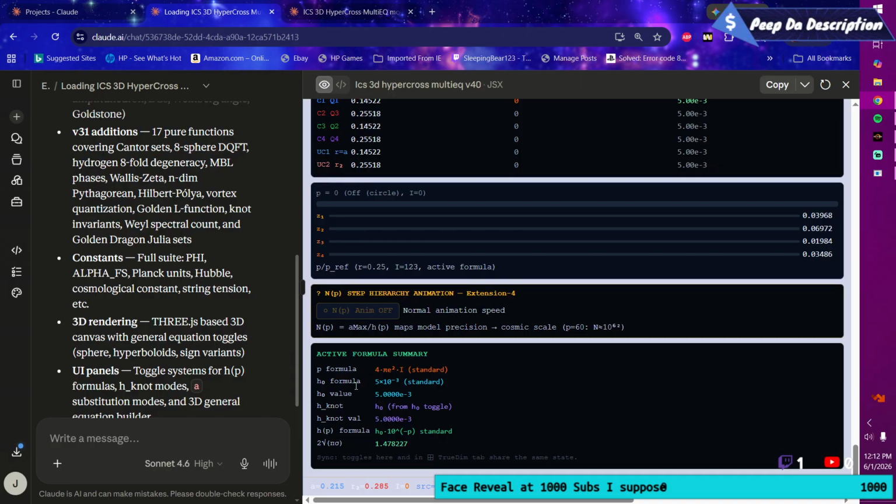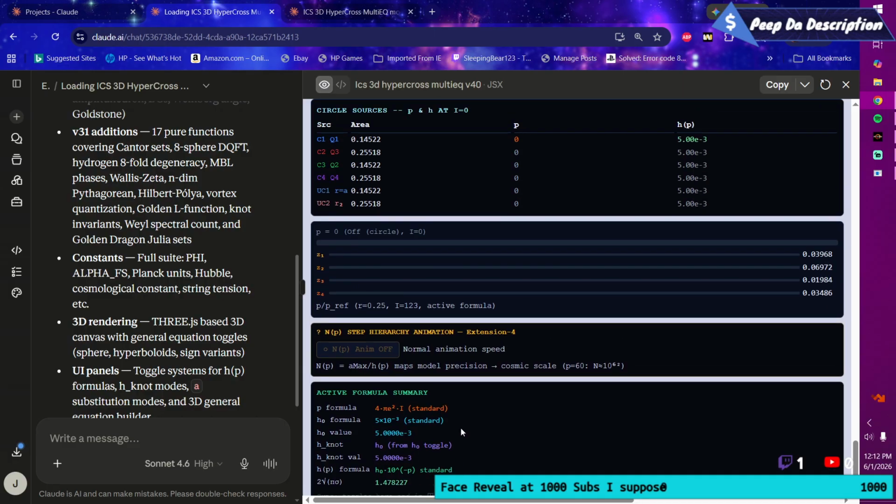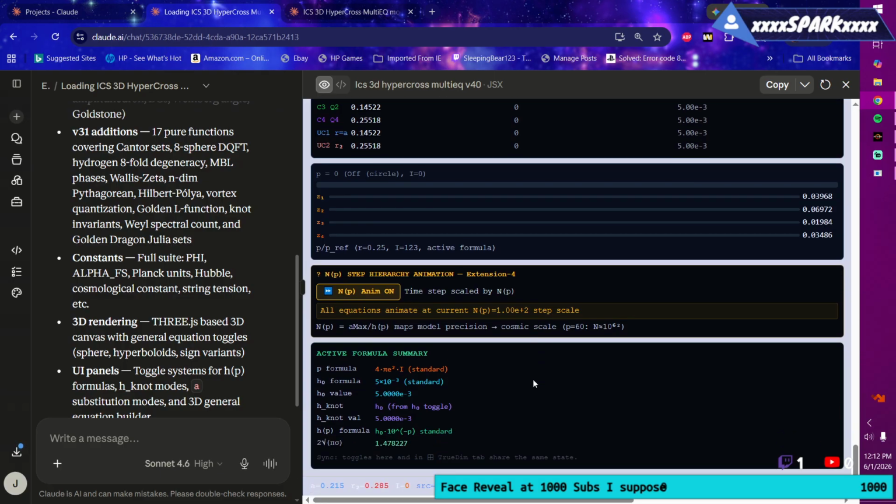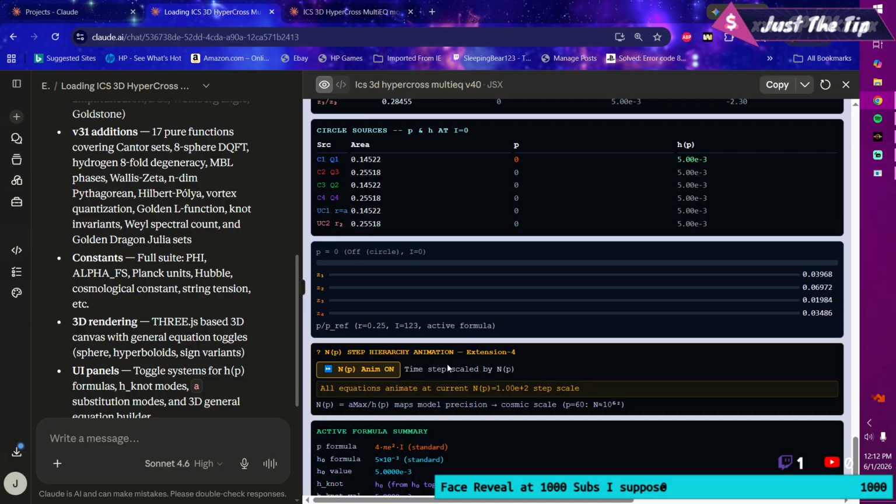HP formula. NP step hierarchy. Yeah, this is how NP equals A max over HP. That's NP times A equals this. That's what's determining A.